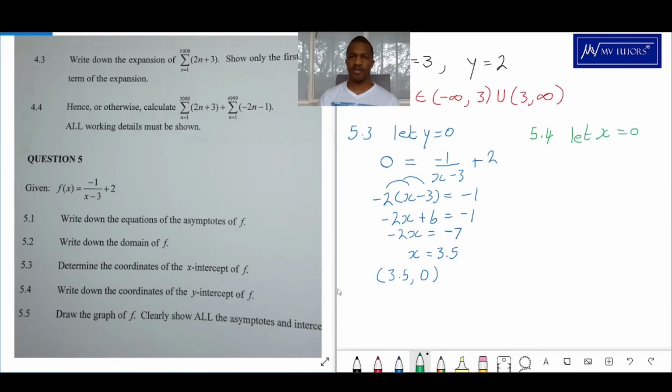So then we'll have a function as y is equal to minus 1 over 0 minus 3 plus 2. So what I have here then is really, these are positive because the negative values cancel each other.